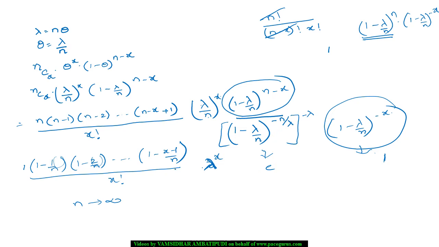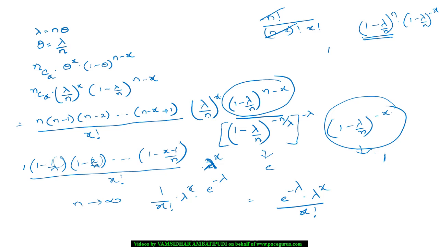So the whole thing is becoming 1 by x factorial, lambda power x, and e to the power of minus lambda. So the whole derivation comes out to e to the power of minus lambda, lambda power x by x factorial, when n is getting closer and closer to infinity.